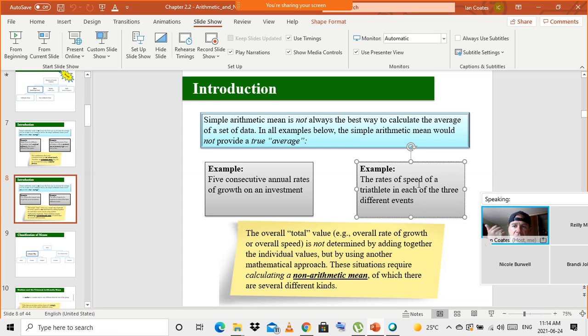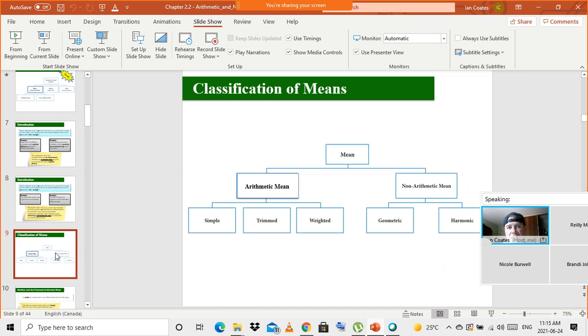And you see, you're all moving at 3 different speeds, right? So how do you compare swimming to running? If I wanted to find an average rate of speed for this athlete over the course of the triathlon, well, it makes it difficult, but we'll show you guys how to do this, okay? So in these cases here, we'd be using something called the non-arithmetic mean, but we'll get into this. It's not bad at all.